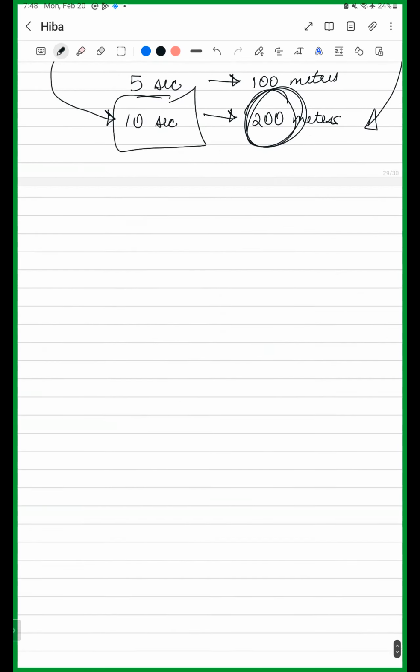So look, speed, we can calculate it in many different units. One is meters per second, one is kilometers per hour.